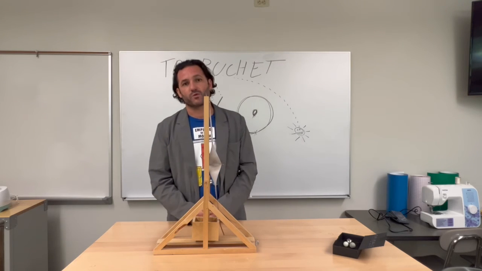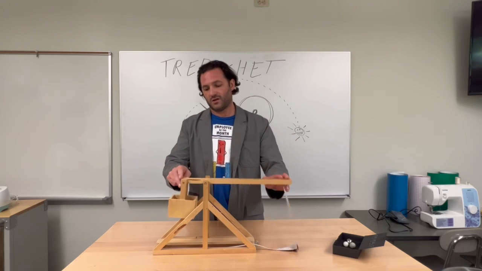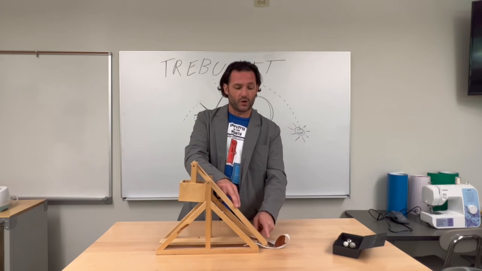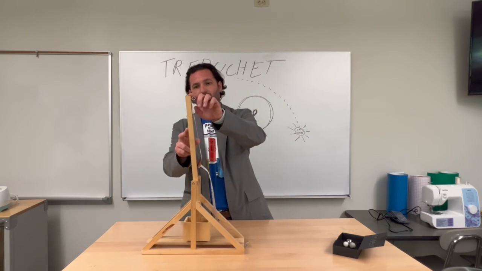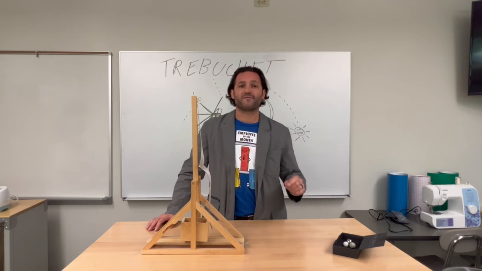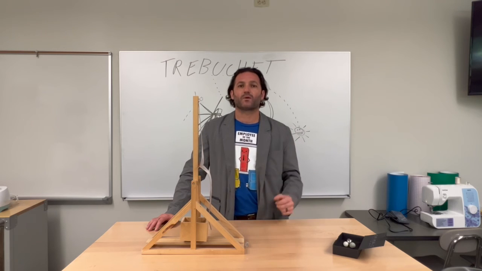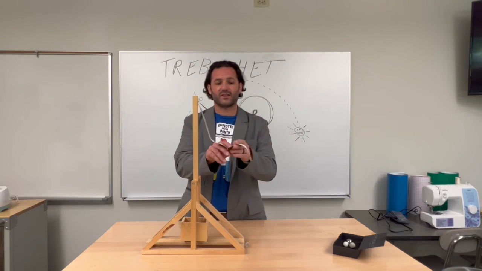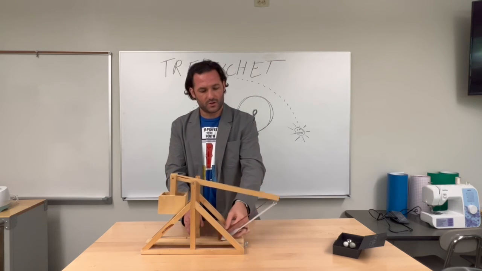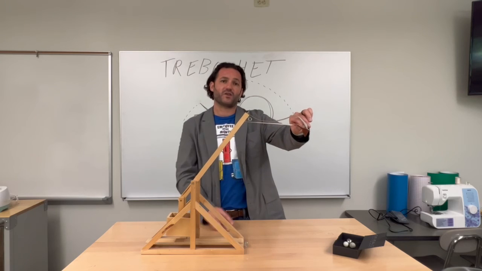That's how the trebuchet works. In the amount of time it takes this counterweight to go from here to here, this part of the arm, the long end, goes from here all the way up to here. That means the projectile has to be going faster. And that added speed gets it the distance and the power we need. Then when we add the sling on, as it comes around, now it's almost twice as far as just the arm.